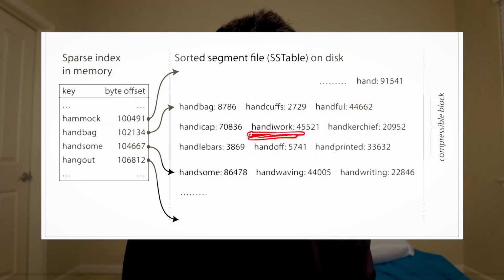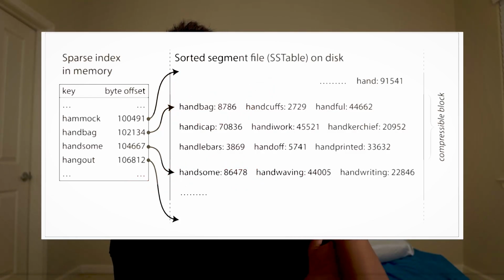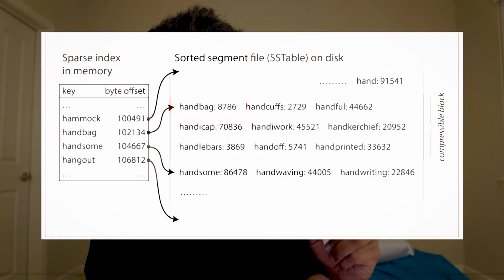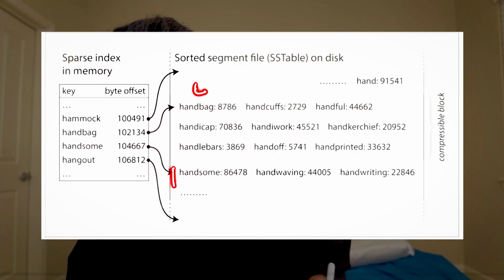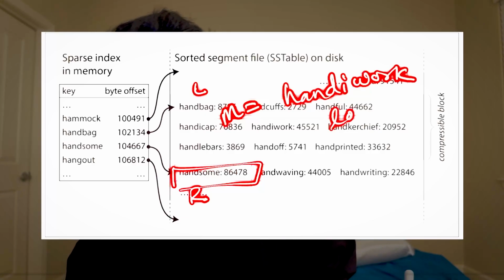And we know handiwork resides between them: it will come after this point, but definitely before this. So we go to the disk to this offset, which points to this memory address, consider it as left and right, and then find the middle equal to handiwork in log of n time.